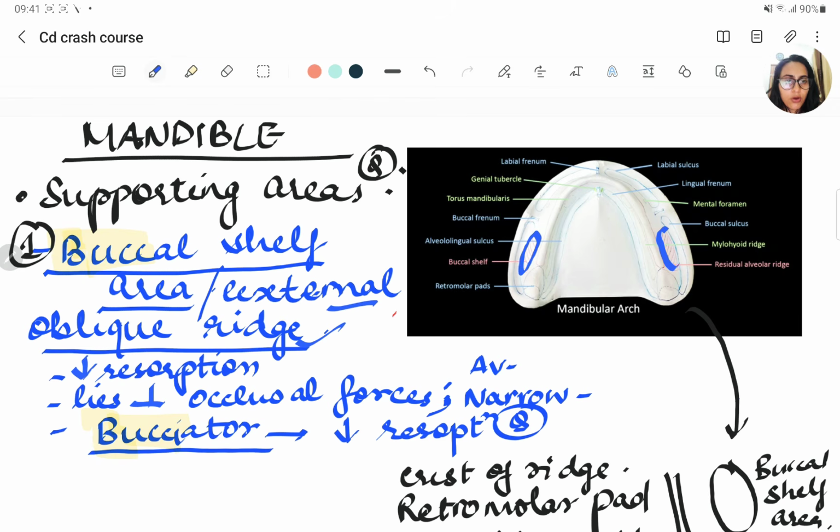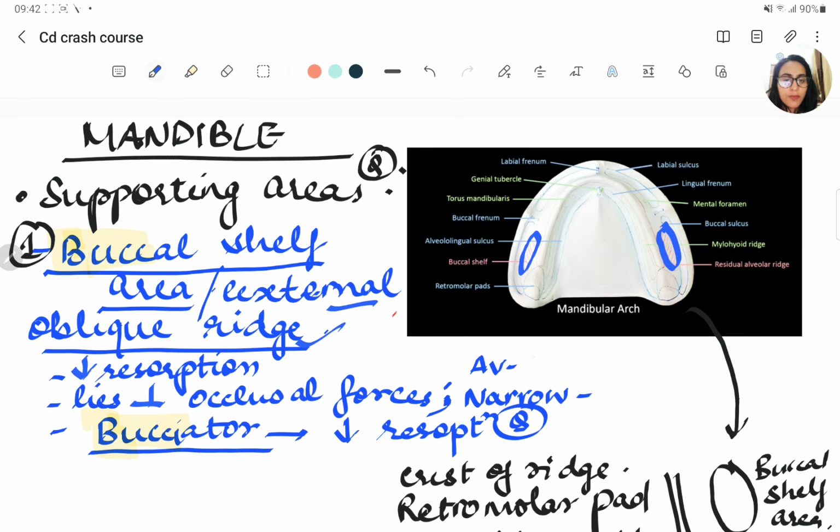And remember, the posterior lateral slope of the maxillary ridge is a support area, right? Also the buccal shelf area, which is again the lateral slope of a ridge, is also a support area.